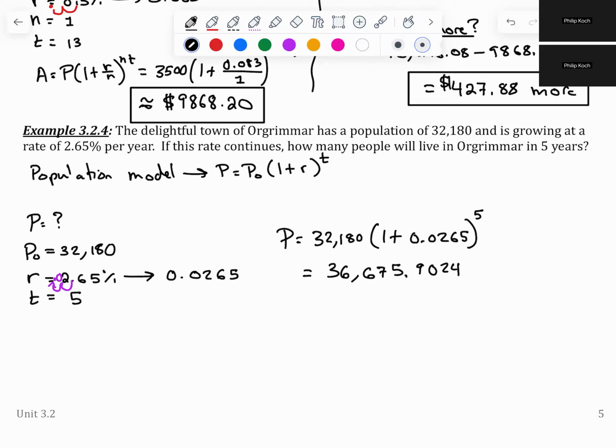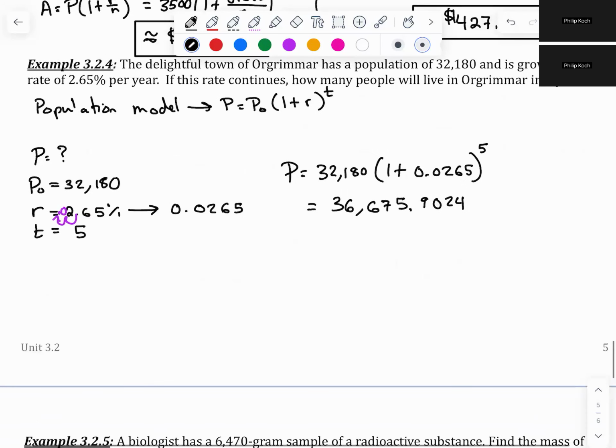Technically speaking, we should always round down, because that person isn't being made yet. That 0.9 is not real. But the convention is to round like normal. Since the decimal is above 5, we'll round up to 36,676 people.